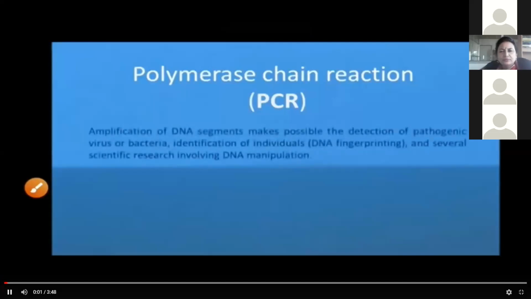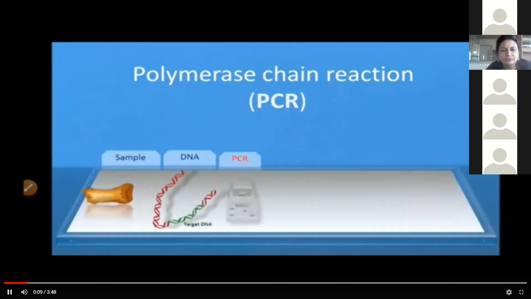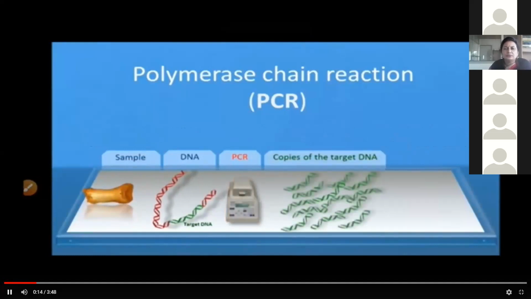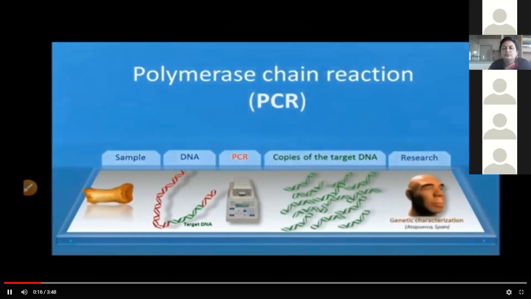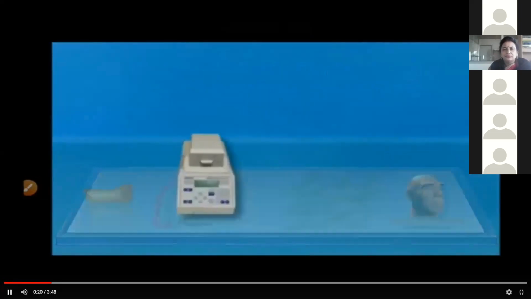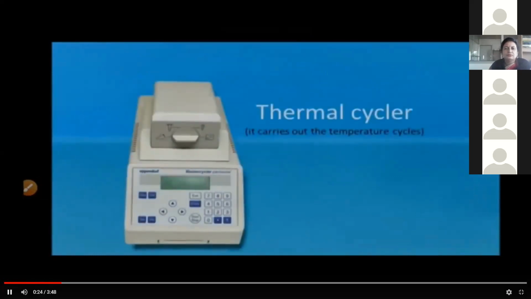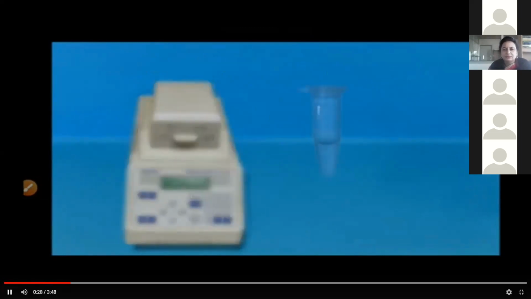Students, now we are going to discuss polymerase chain reaction. What is polymerase chain reaction? Amplification of DNA. Suppose we have a sample. We have to isolate the DNA from the sample, perform polymerase chain reaction, and produce multiple copies of the target DNA. The machine in which the DNA is amplified is called a thermocycler or thermal cycler.